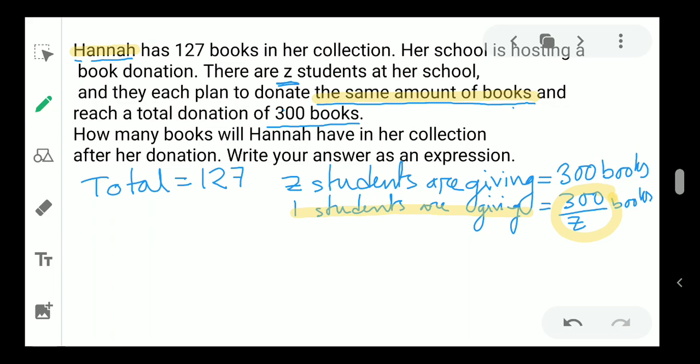So what is the question? How many books will Hannah have in her collection after her donation? Hannah was having 127, but this much Hannah has given. So if Hannah has given, you have to subtract this much, right?